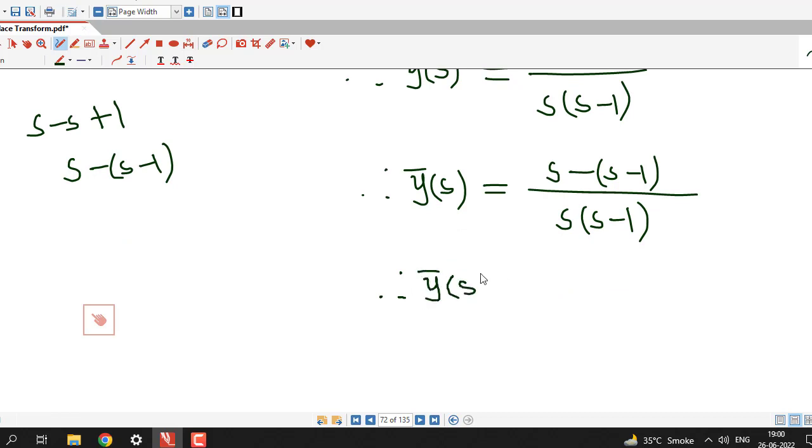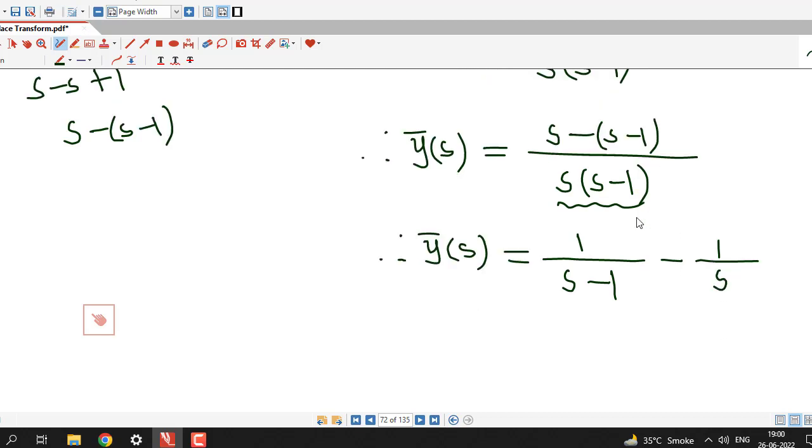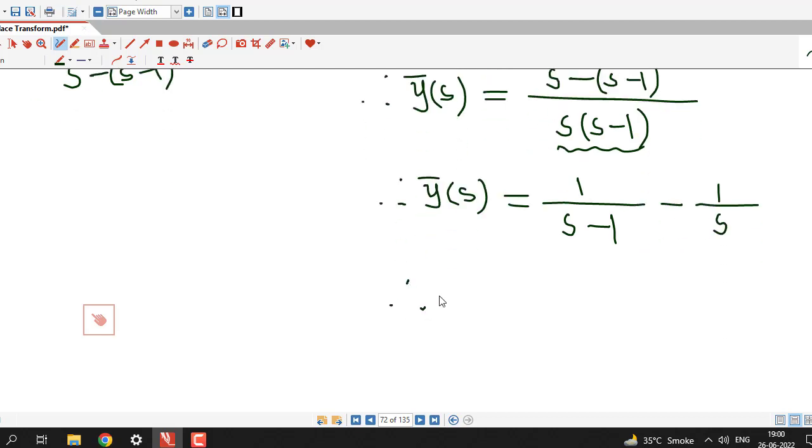Therefore y bar s can be written as s divided by s into (s minus 1), so s will cancel out, and minus (s minus 1) divided by s into (s minus 1), so s minus 1 will cancel out.